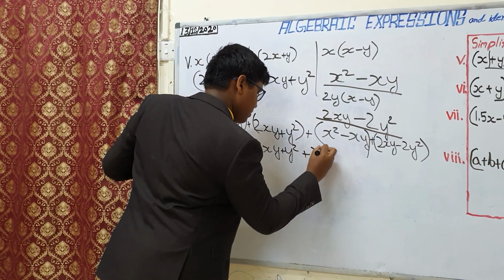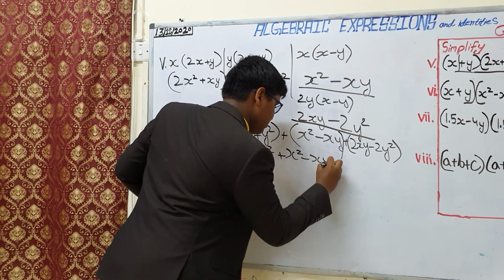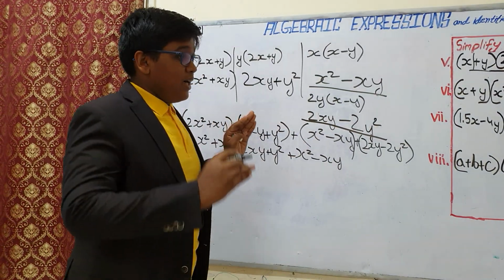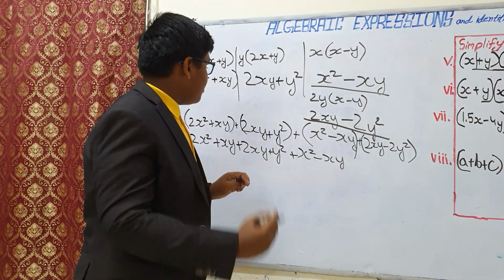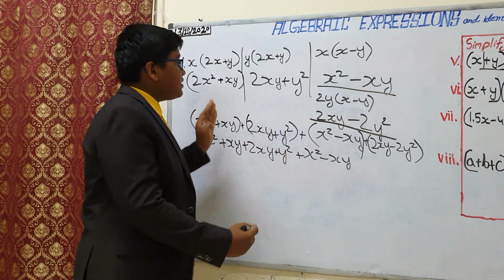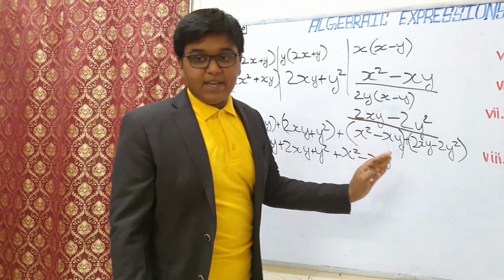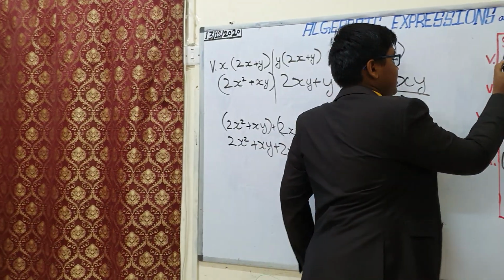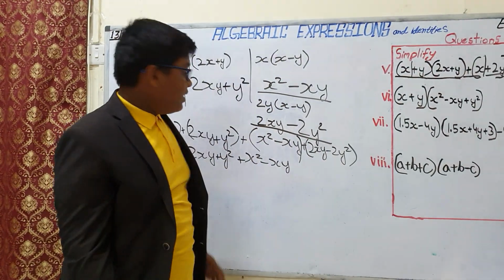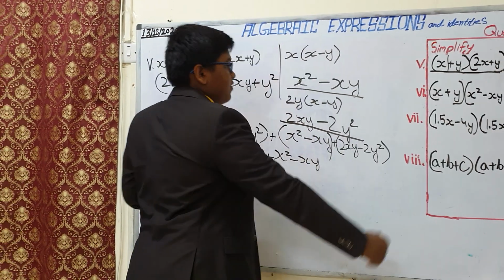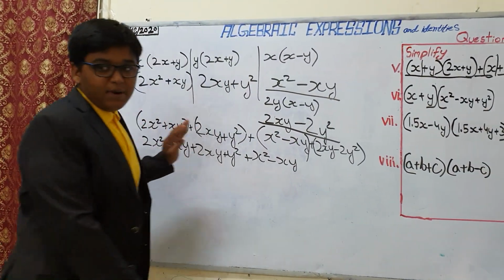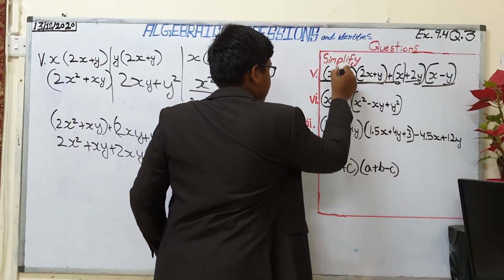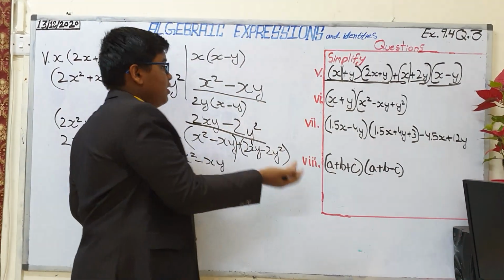Then x squared minus xy, but this step is also compulsory, because we have to know what we have multiplied from all these brackets. So these two brackets we multiplied by the first bracket. Then these two brackets, what we did, we multiplied this bracket with this bracket by separating the variables or the constants.